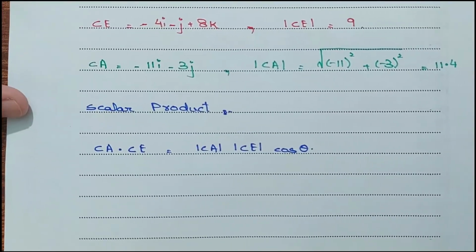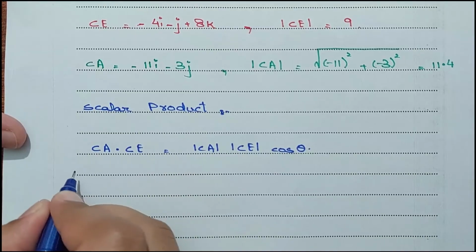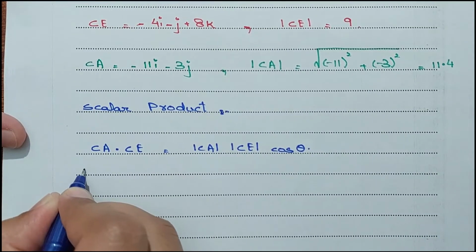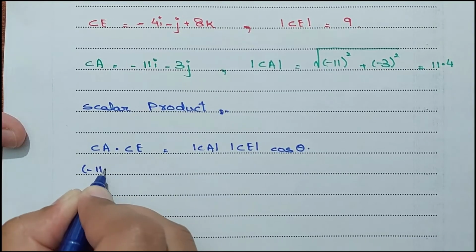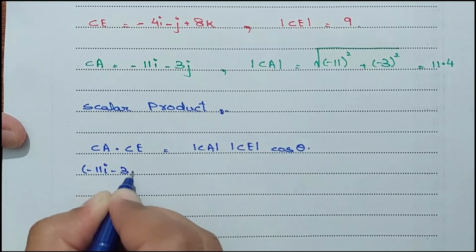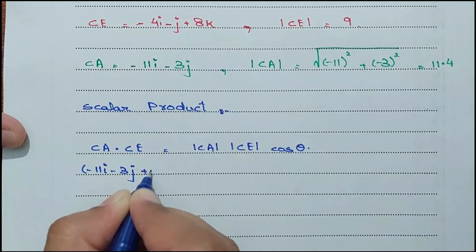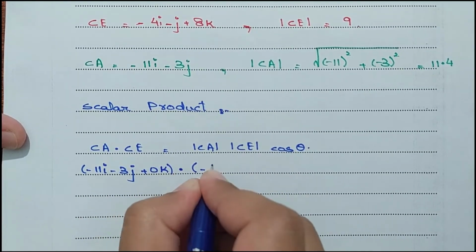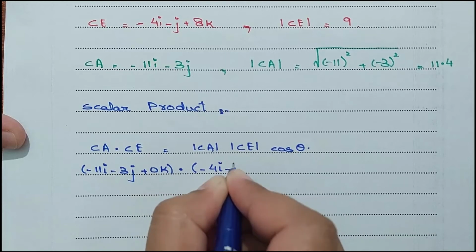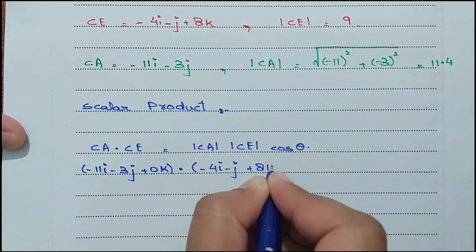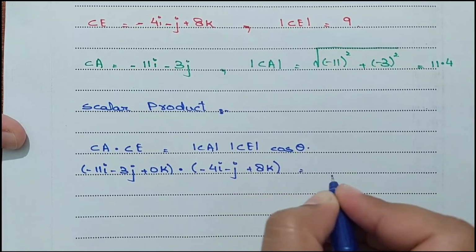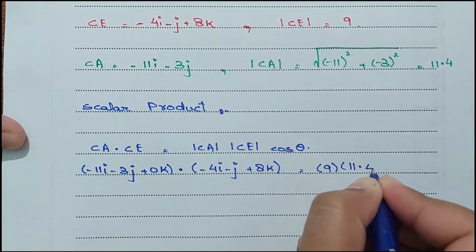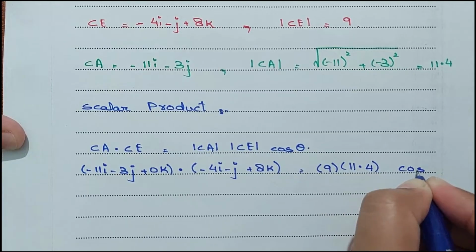All right, so we have the two vectors. Let me write down CA and CE, which is minus 11i minus 3j plus 0k, its dot product with minus 4i minus j plus 8k. This is equal to the magnitudes, 9 and 11.4, and cos of theta.